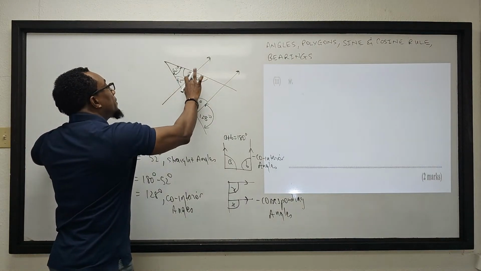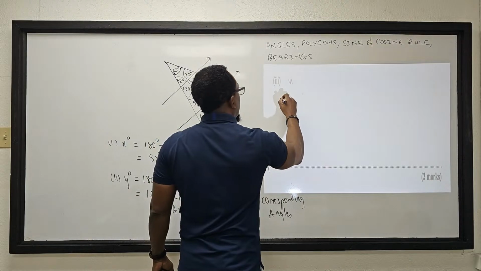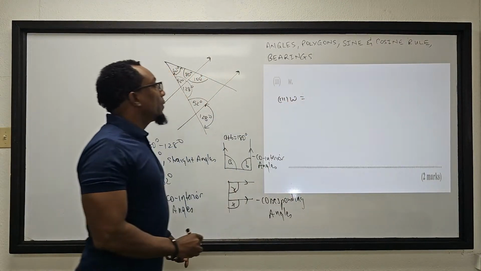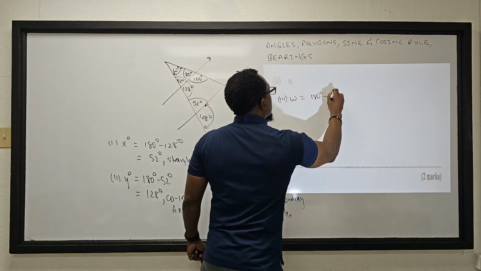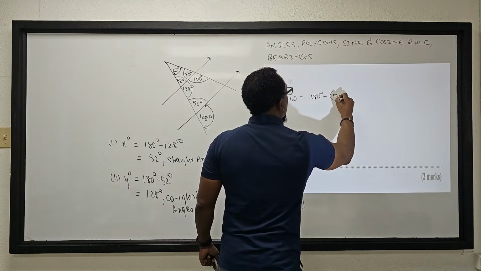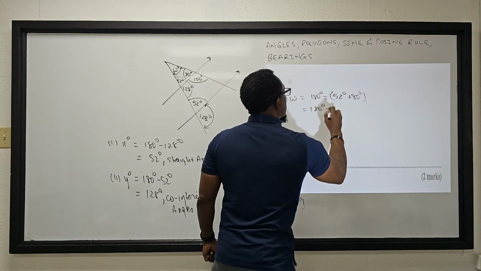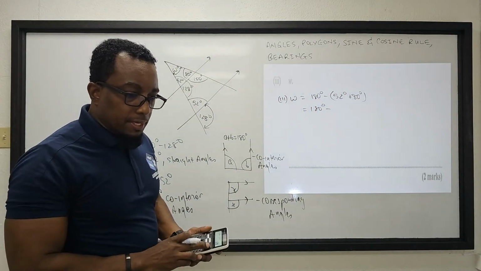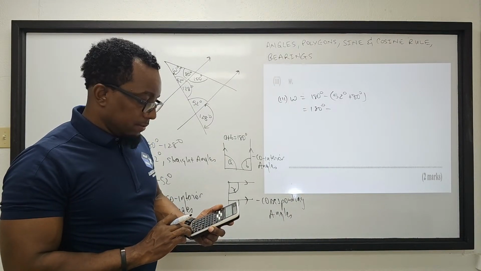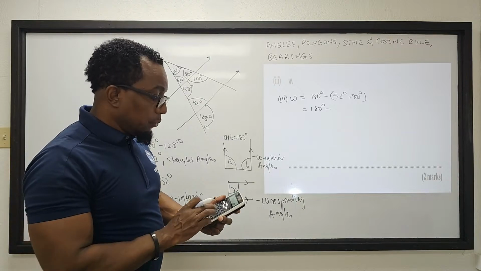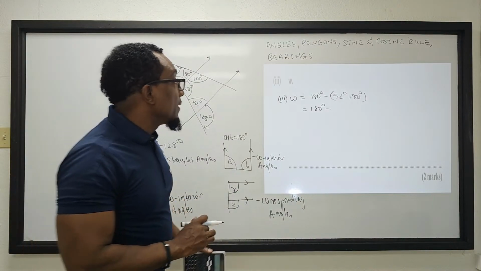So we can say that W is equal to 180 subtract 52 plus 80 degrees. 52 plus 80 will give us 132.